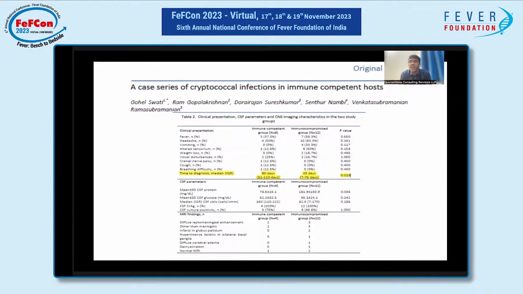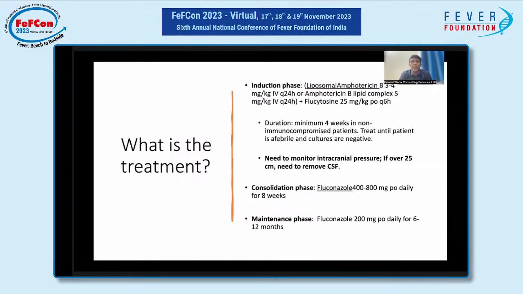Cryptococcal meningitis is a differential diagnosis of meningitis even in the immunocompetent, just like tuberculous meningitis, fungal meningitis, carcinomatous meningitis. Think about cryptococcal meningitis in immunocompetent patients as well.